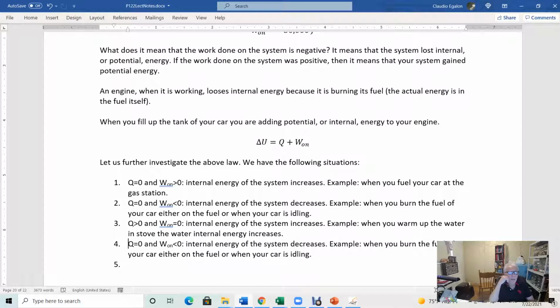Internal energy increases. On the stove, the water's internal energy increases. The work done on the water is going to be zero because the water doesn't expand or contract. We're just warming the liquid water. I'm not boiling it.